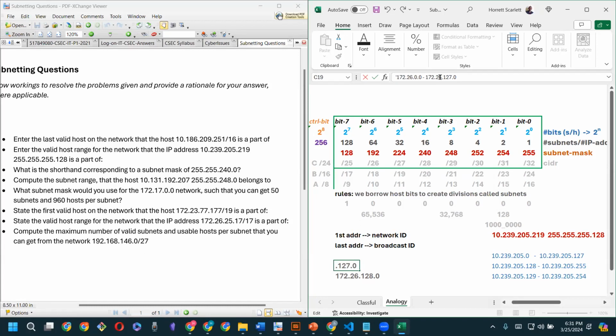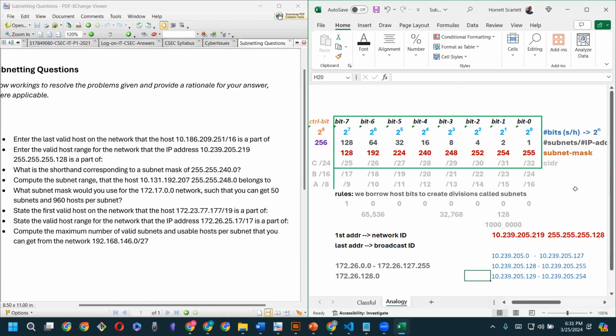I'm trying to remember. Well, 256 would have been reserved for broadcast. So would it be 255? I say it's 255 because something is reserved for broadcast. As I said earlier, the first address is reserved for network and the last address is reserved for broadcast.